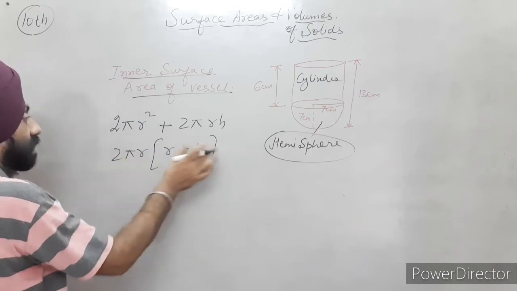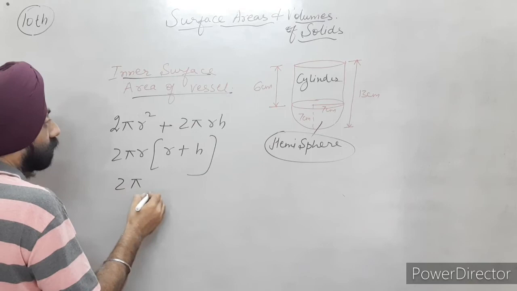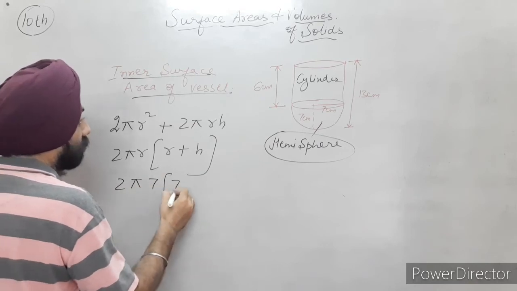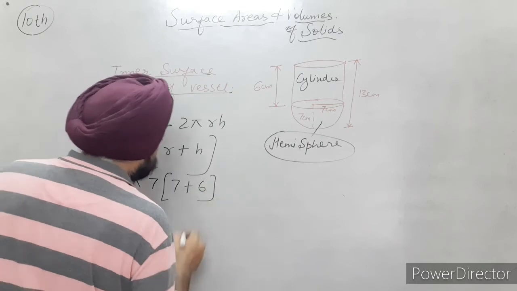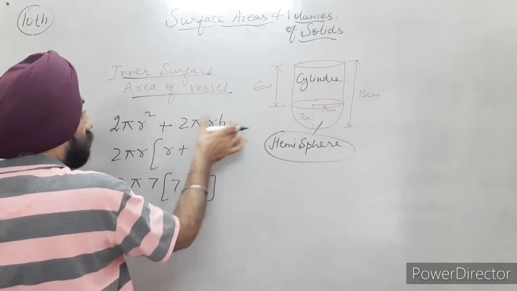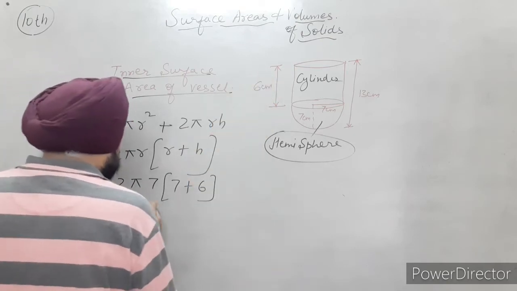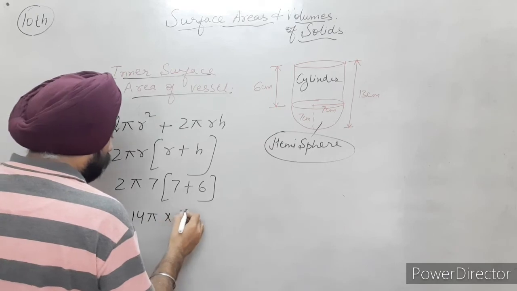The radius is the same, that's why I have taken this. 2 pi, radius is 7, times 7 plus the height of the cylinder, that is 6. I am talking about this 2 pi r h; the height will be 6. That is 14 pi into 13.